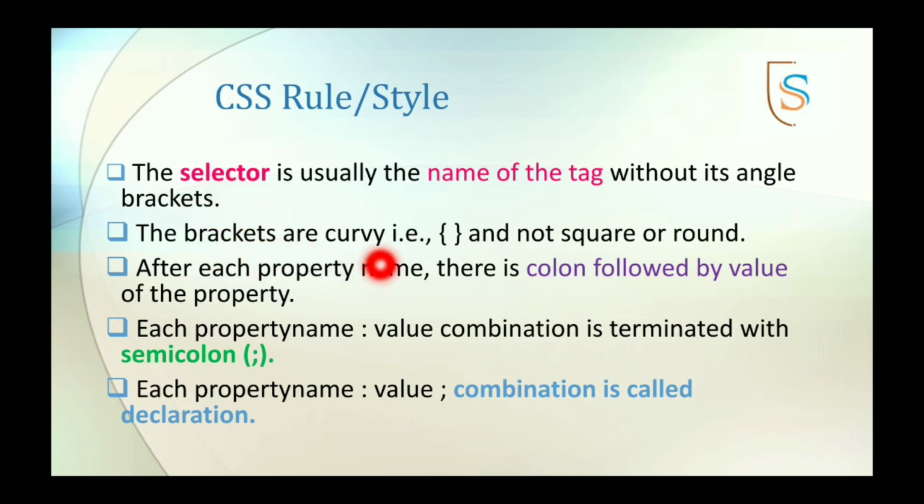The brackets are curly, not square or round brackets. After each property name there is a colon followed by the value of the property. Each property name, colon, value combination is terminated with a semicolon. Each property name, colon, value, semicolon combination is called a declaration.